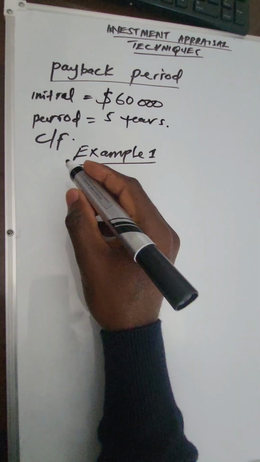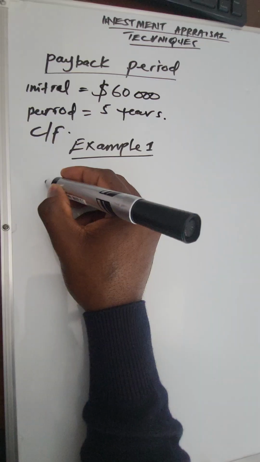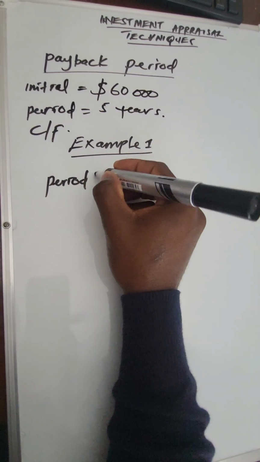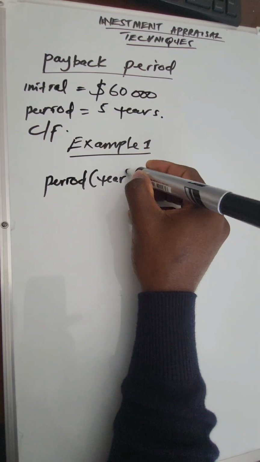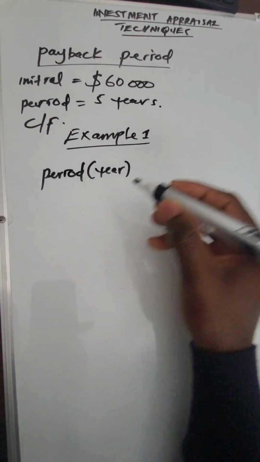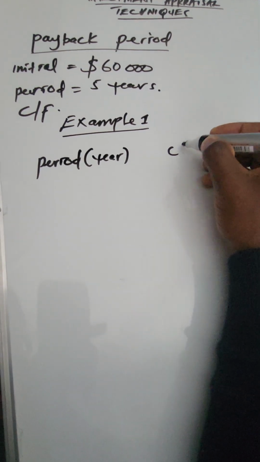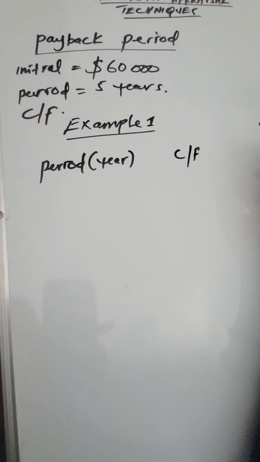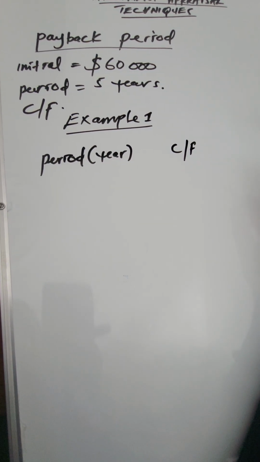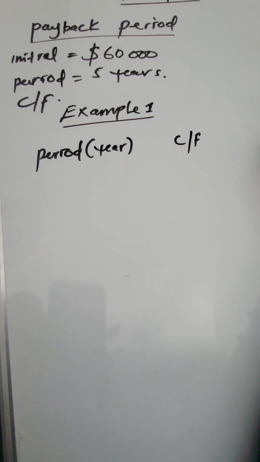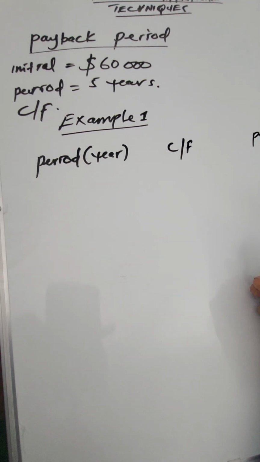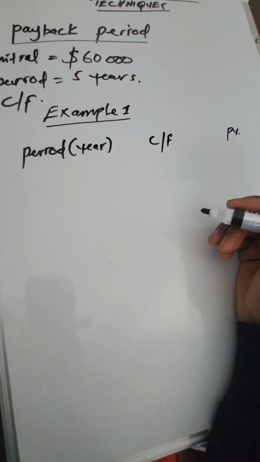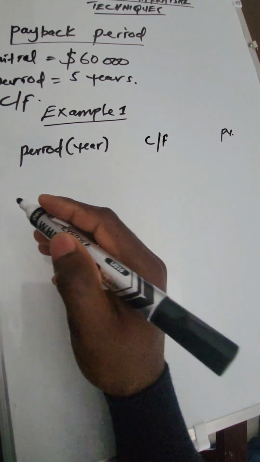So right here we're going to have a period, then we're going to have our cash flows, right? Then present value there, or the balance.